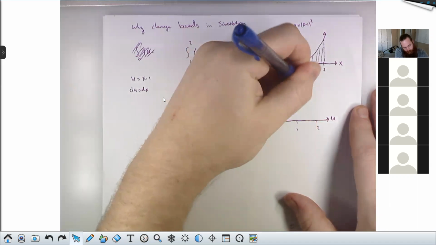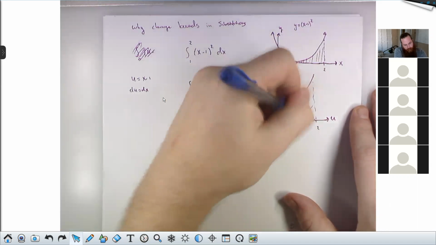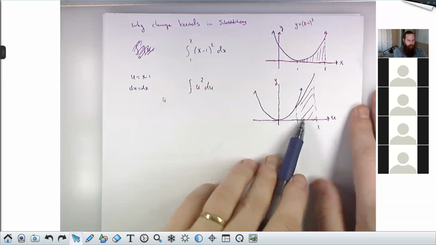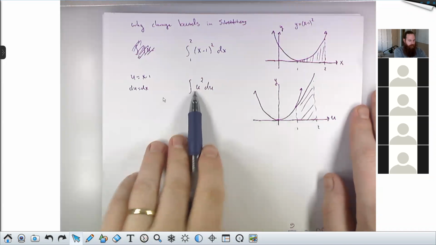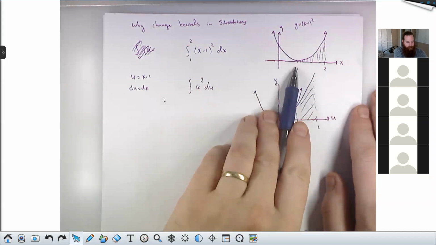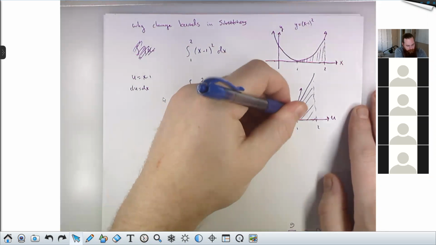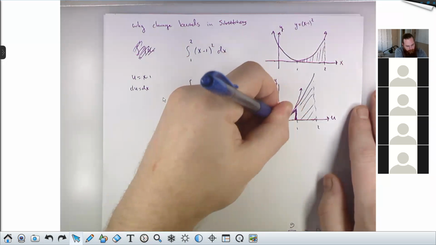Maybe this continues like this. So you can see immediately that the integral from 1 to 2 of u squared is not the same as the region I'm looking for. I'm looking for the region from the vertex to 1 over. Really what I wanted was this dark shaded region.